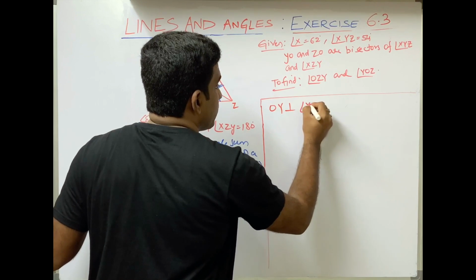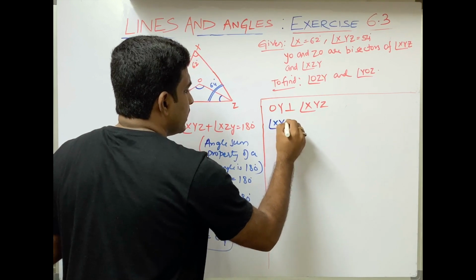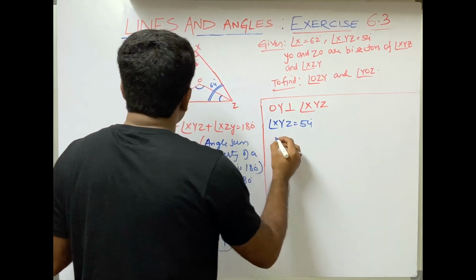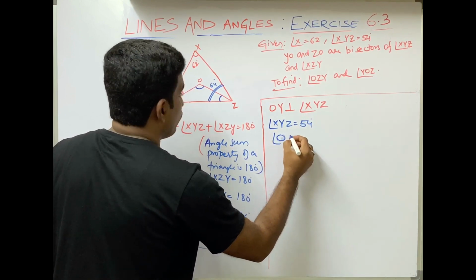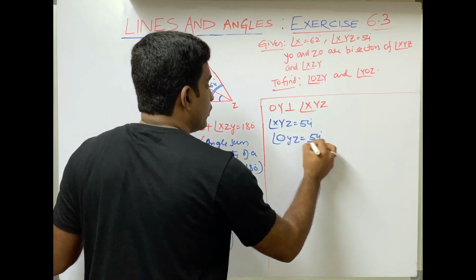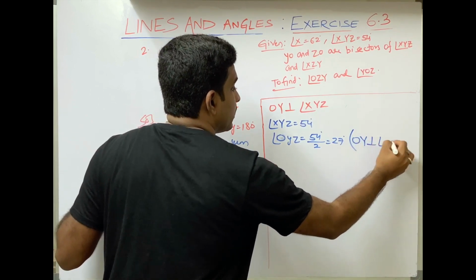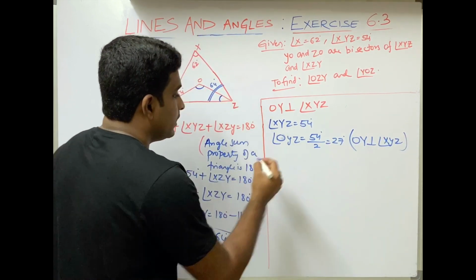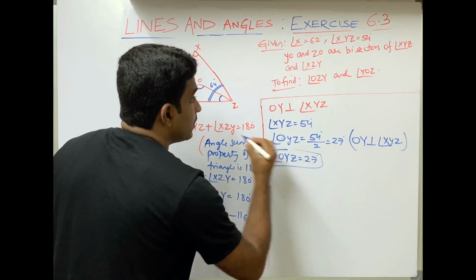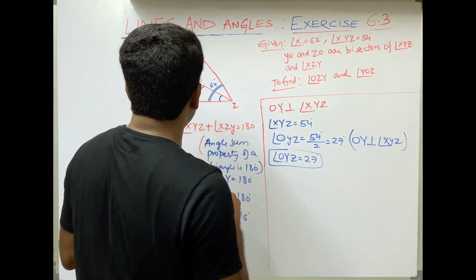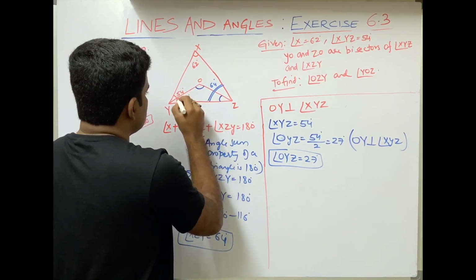Angle XYZ equal to 54 degrees, that means angle OYZ equals 54 degrees by 2, it will be 27 degrees because OY is the bisector of angle XYZ. Clear? We got angle OYZ as 27 degrees.